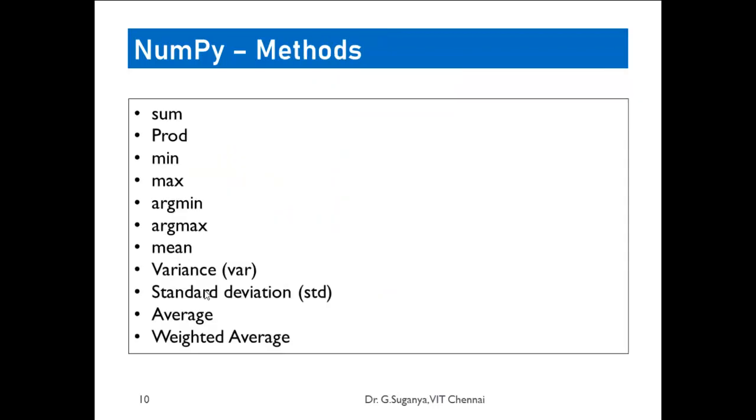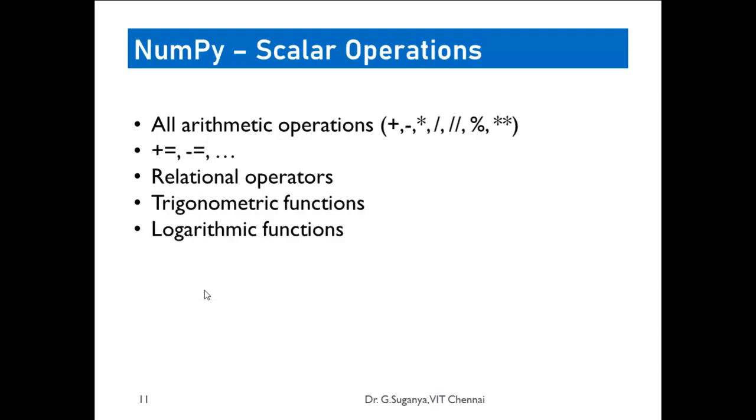And there are so many methods that are supported in Python. To name a few: sum, product, minimum, maximum. Then in order to identify where the minimal element is present, you have argmin and argmax. The very important concepts that we need to understand in machine learning, mean, variance, standard deviation, average, weighted average, are all available as methods in the NumPy package.